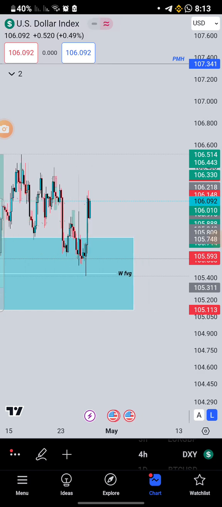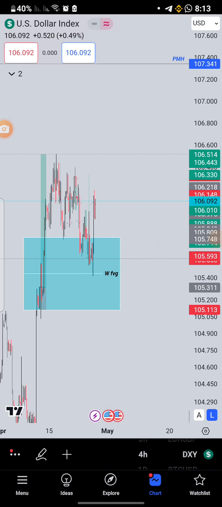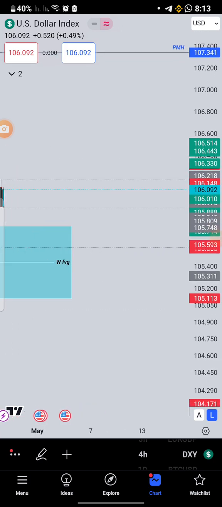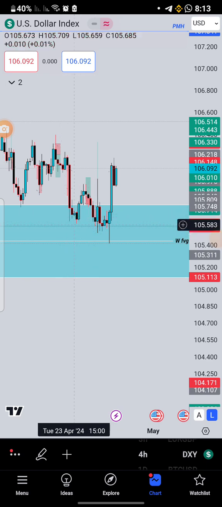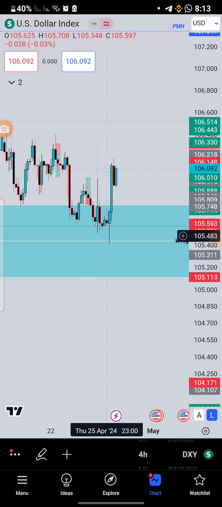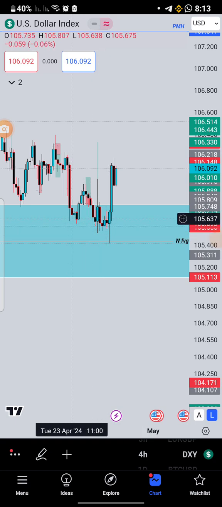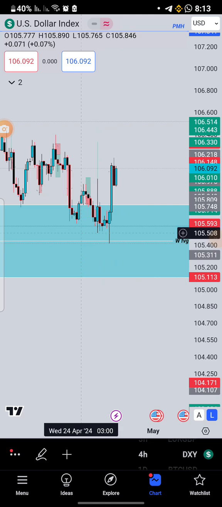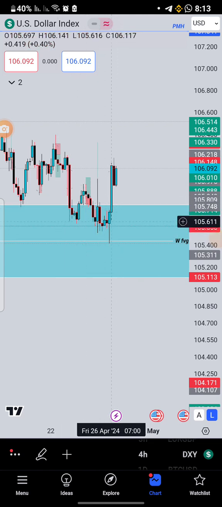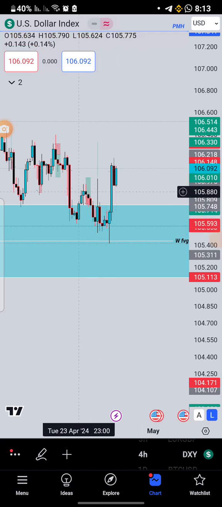Previously you can see we had all these liquidities created here, including Tuesday's low, Wednesday's low, Thursday's low, and everything was cleared during Friday. So we have a key level, and we have sell side liquidity that has been grabbed. That's number two. Number three, I want to observe a market structure shift.